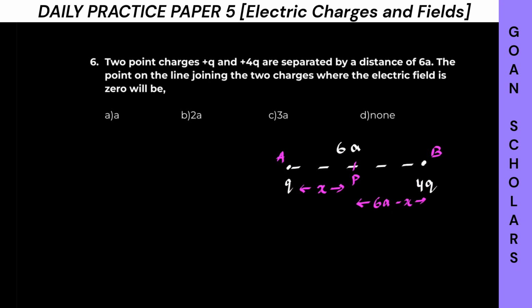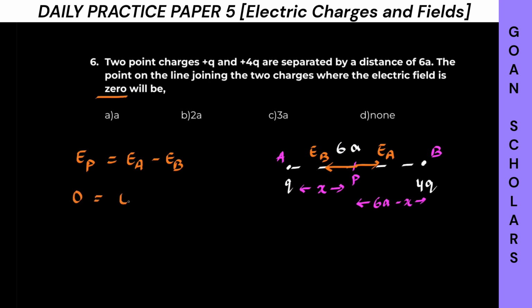Electric field due to the first charge, since it's positive, is radially outward. Second charge, again positive, radially outward. So this is our EA and this is our EB. Now the electric field at point P will be EA minus EB. And as per the question, it is 0.